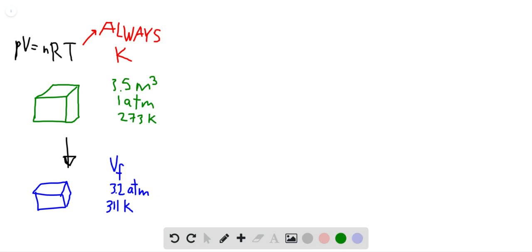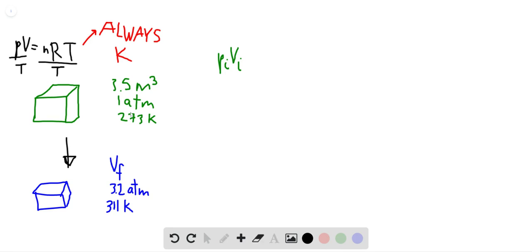And this trick is that this equation holds true before and after. So before, we can write pressure initial, volume initial, and I could keep writing it, but before we do that, let's just divide each side by temperature.